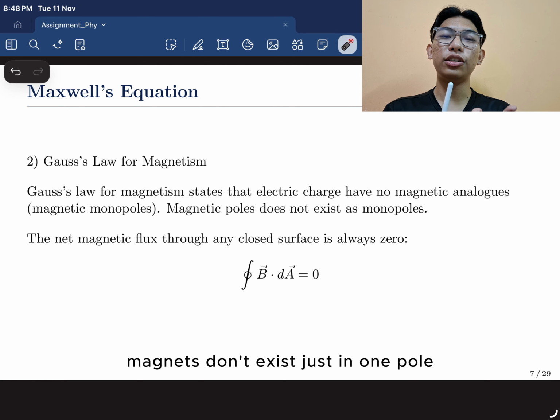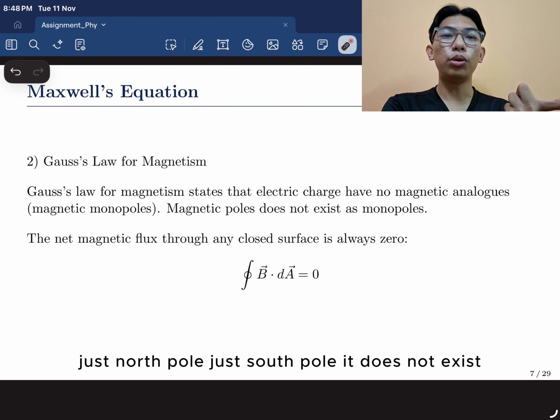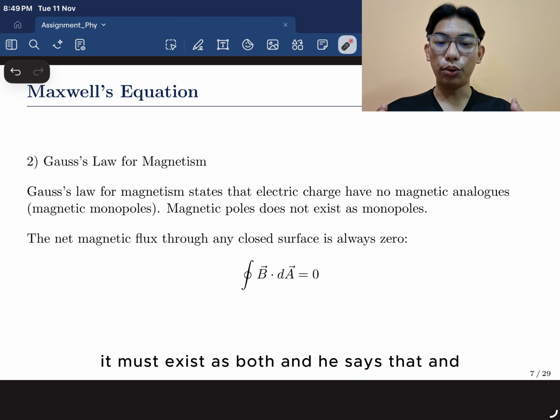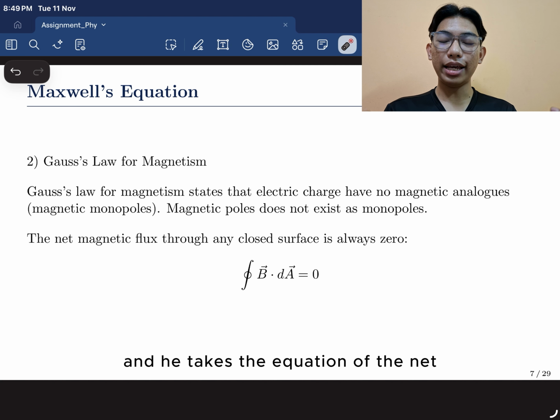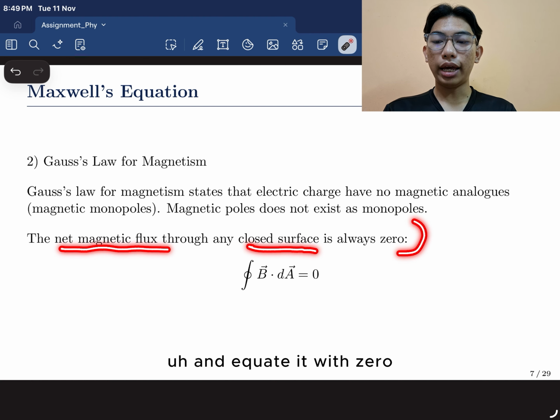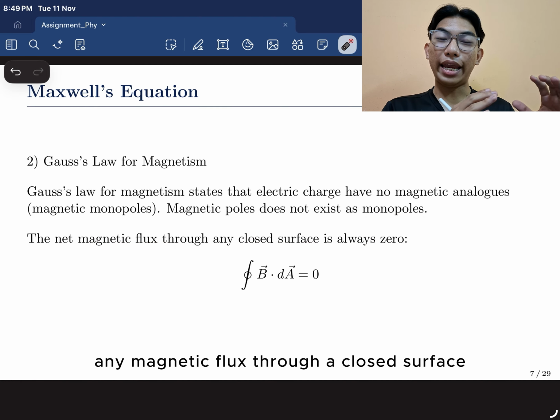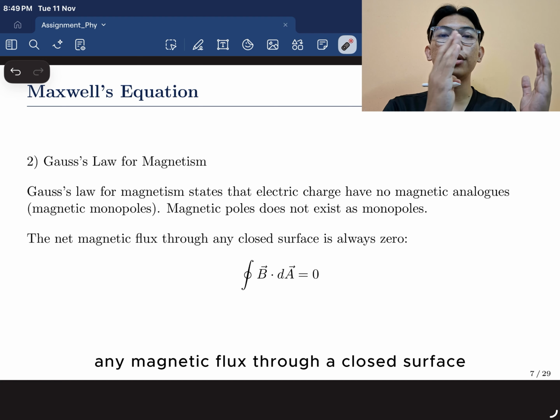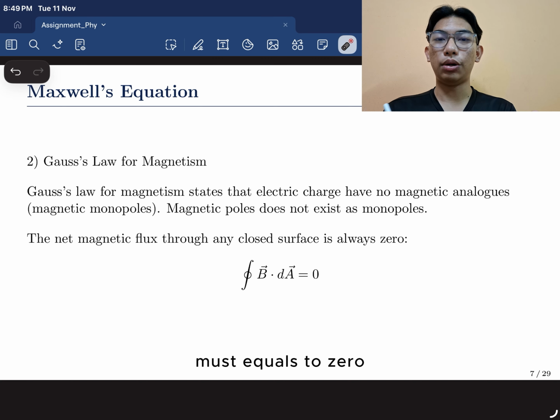Magnets don't exist with just one pole. It must exist as both. And he takes the net magnetic flux through any closed Gaussian surface and equates it with zero. Any magnetic flux through a closed surface must equal zero.